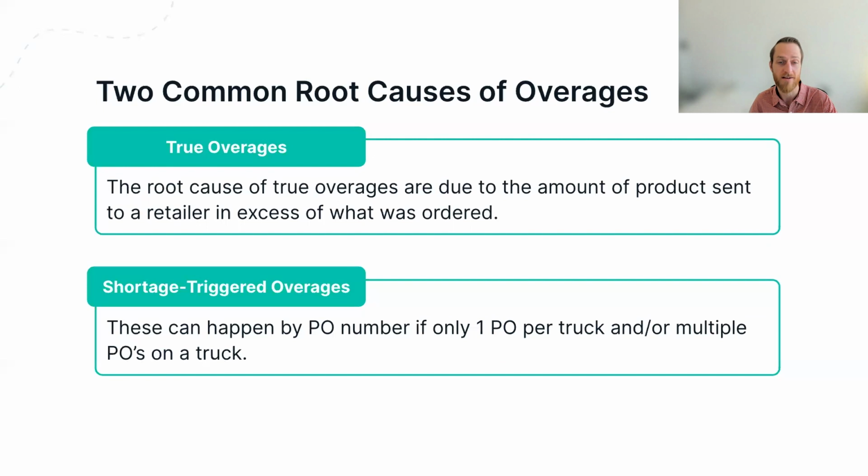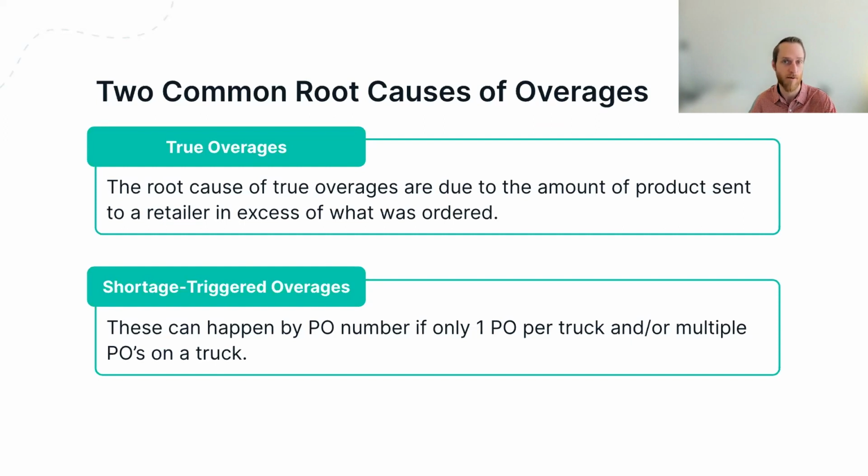So, again, if you actually overshipped, that would potentially be a true overage. You may get a fine for that. You also may be able to bill Walmart for those additional goods. The second, shortage-triggered overages, are more where it's a Walmart misreceiving, where they may mix up across POs.